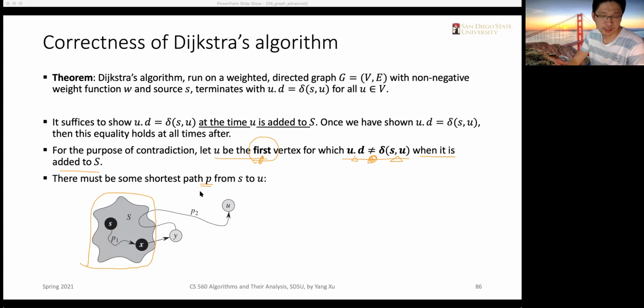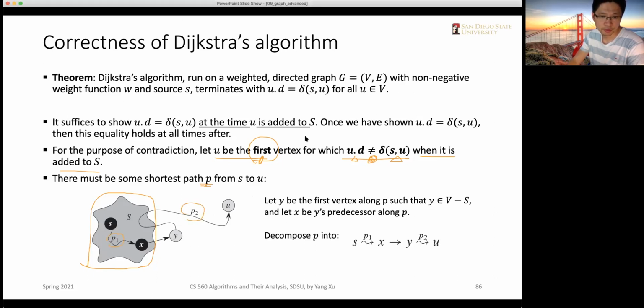And then we can decompose this path P into two segments, P1 and P2, okay? Which are separated by two imaginary vertices in the graph. And we let y be the first vertex along P such that y is outside S, okay?